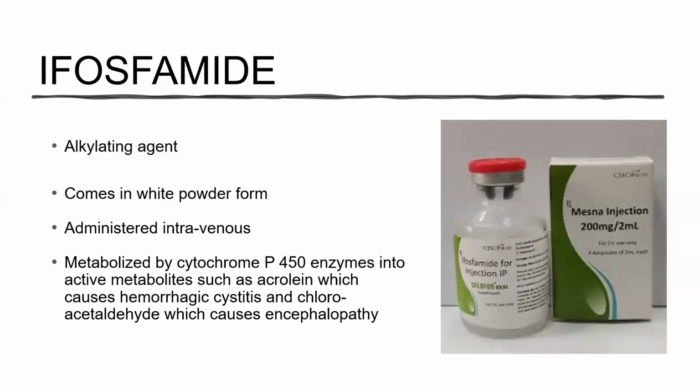The other thing which I wanted to highlight was the encephalopathy related to ifosfamide. The predisposing factors would be pre-existing renal failure, concurrent treatment with cisplatin, low albumin, or if the patient is taking aprepitant, because aprepitant is also an inhibitor of cytochrome P450.